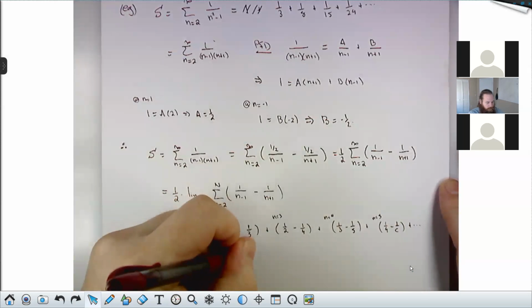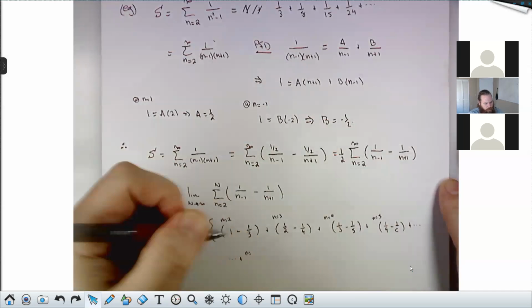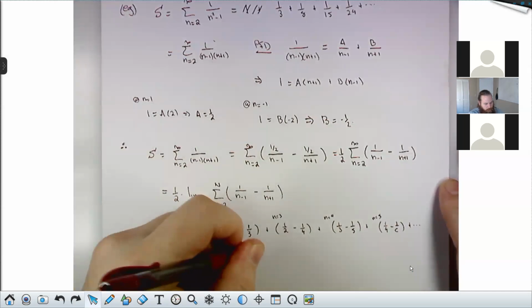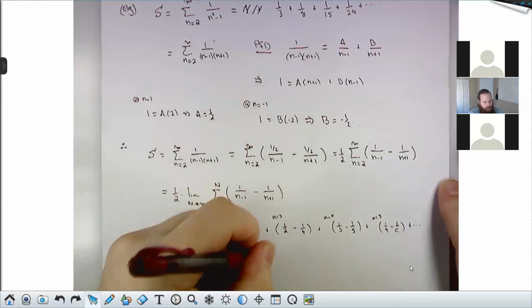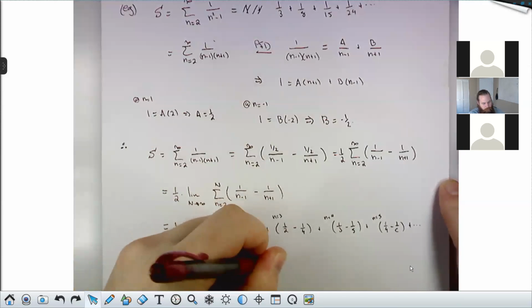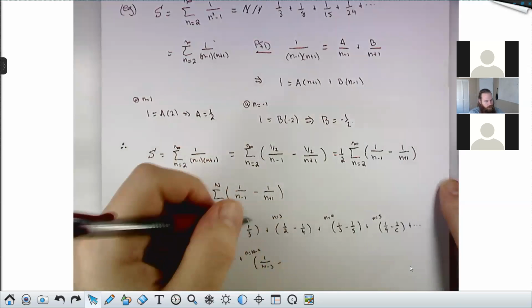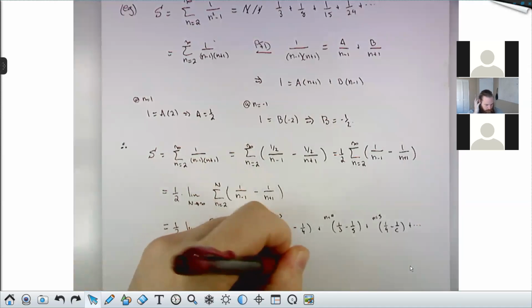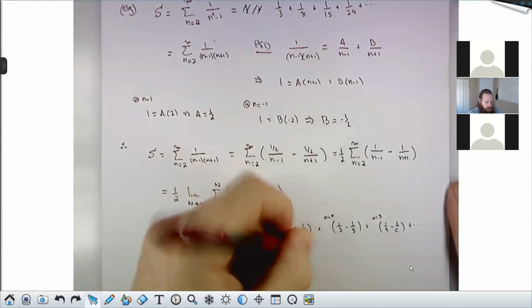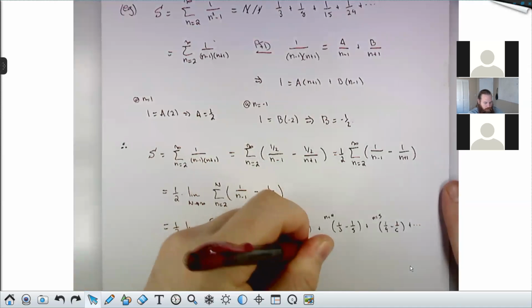So the second to last term is when little n is equal to, I'll do third to last term too. I'll do little n is equal to capital N minus 2. That's going to be 1 over cap N minus 3, minus 1 over cap N minus 1. And then I'll have little n is equal to cap N minus 1.